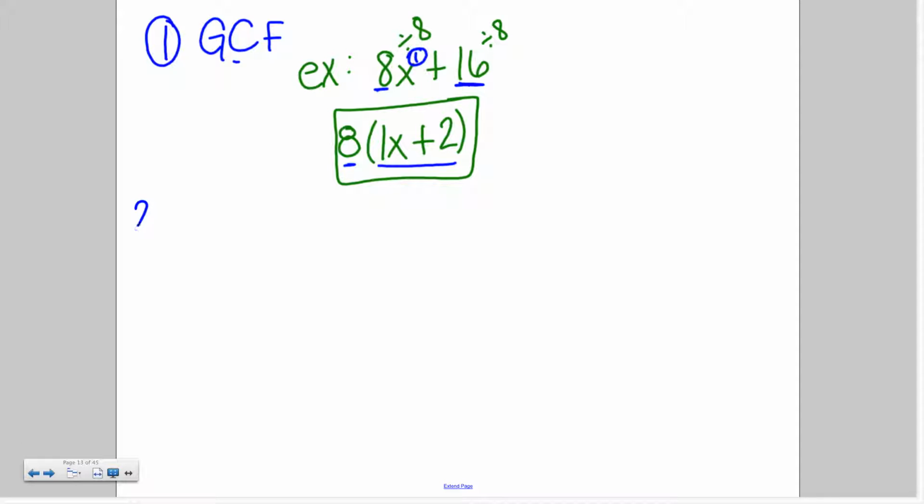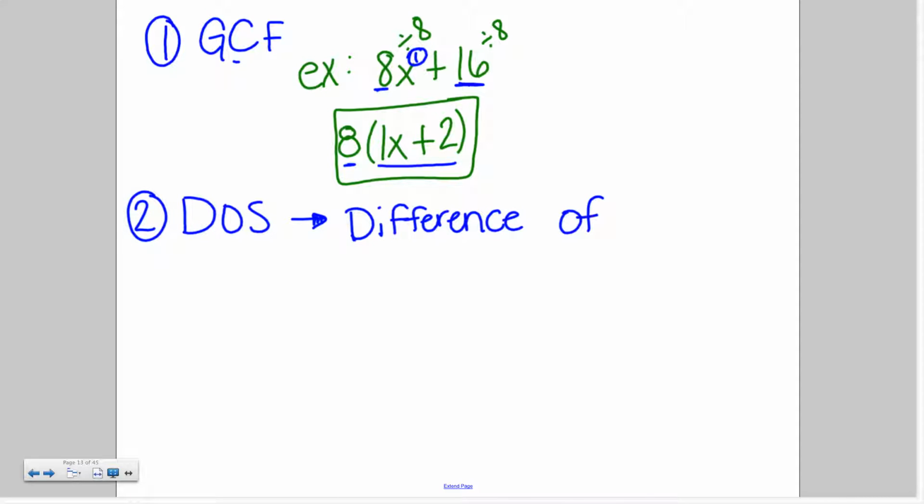All right, the second way to solve is called DOS, or also known as the difference of squares. Now, you should have a blue sheet that you can use. It has your square roots on it.